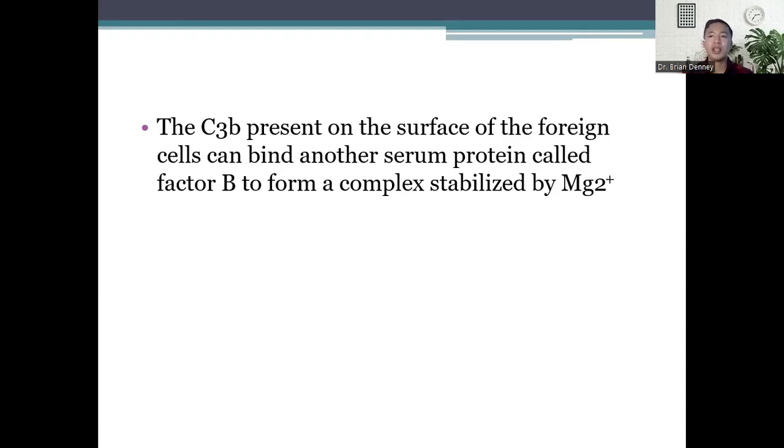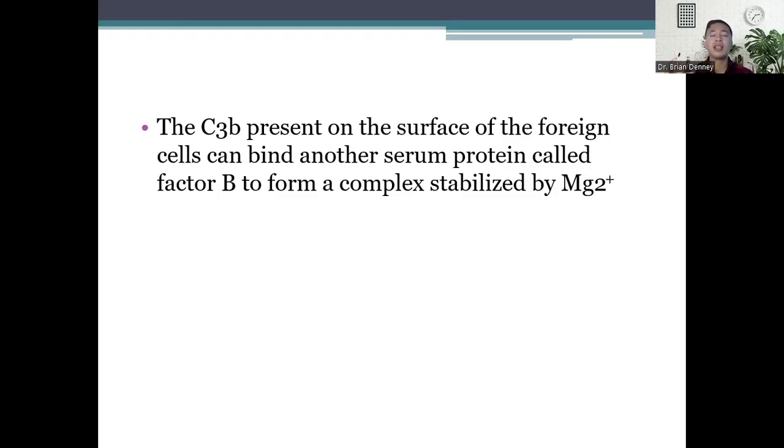And what do we call that complex? I will discuss that in the next few slides. But just remember for now, the alternative pathway starts with hydrolysis of C3. Hydrolysis of C3 via the thioester bond produces C3a and C3b molecules. Your C3b molecules are the molecules which participate in the cascade, being the larger fragment.